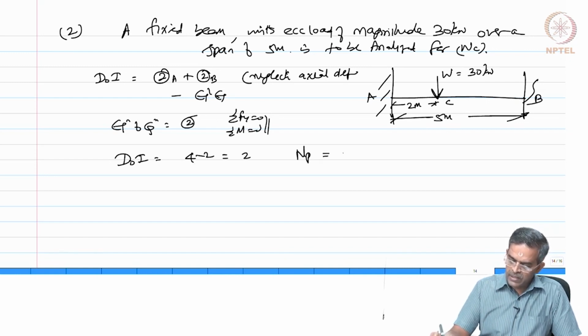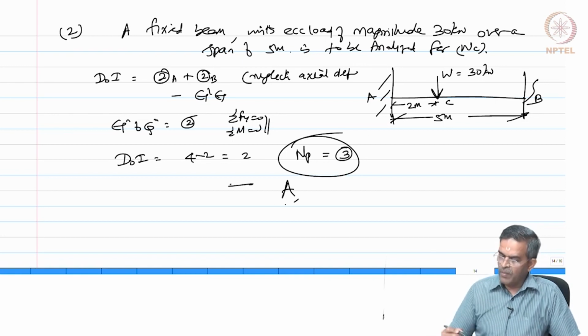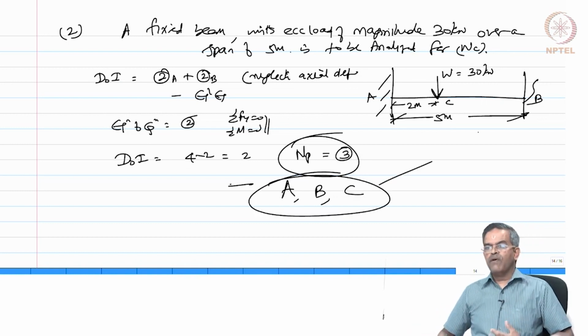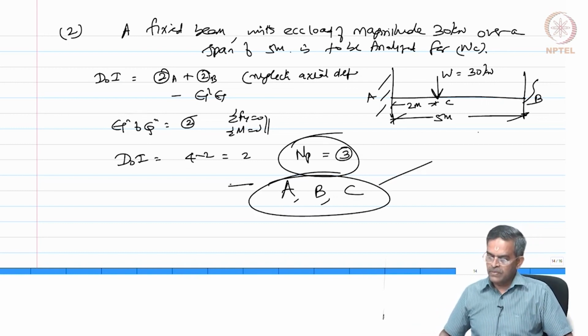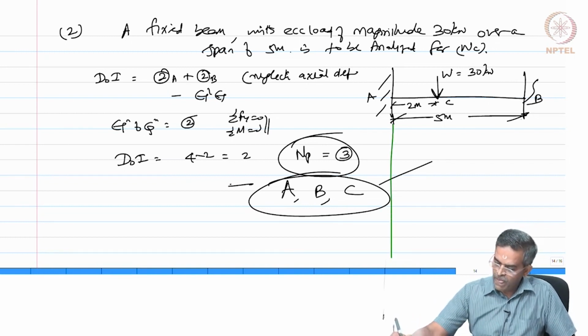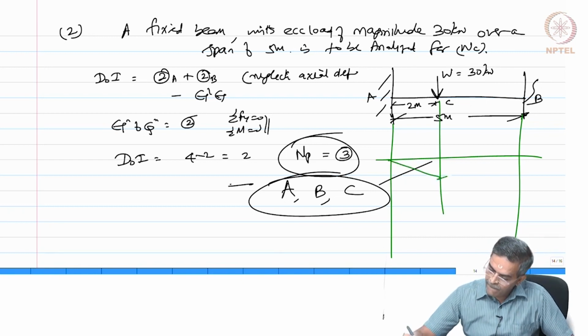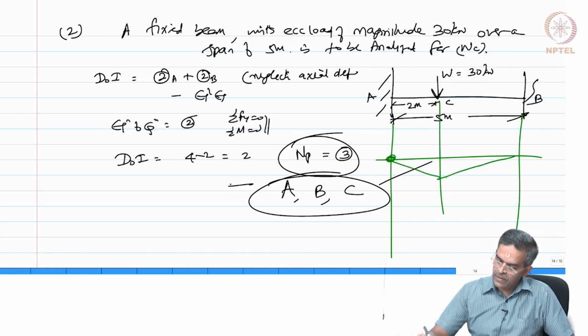So, the number of plastic hinges required is 3. Where will they form? They will form at A, they will form at B, they will form at C. So, straightforward solution. Let us draw the deflected profile. Hinge here and hinge here, theta 1, theta 2, theta 1 plus theta 2.